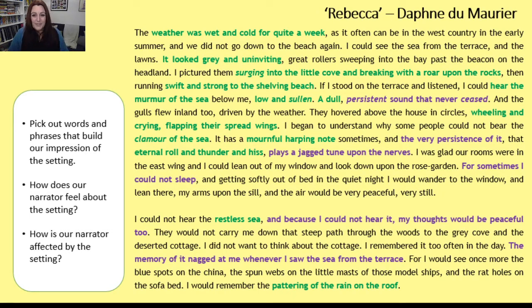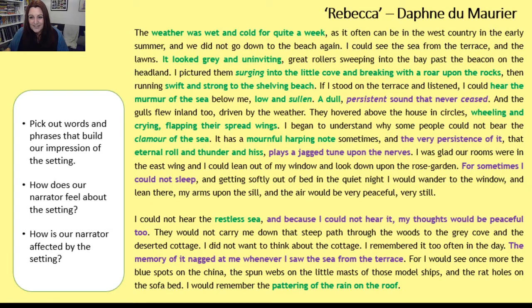So perhaps it's more than just getting on her nerves. Maybe it's actually doing her damage. It's hurting her, this jagged tune upon the nerves. This is something quite serious for the narrator. So I think we can infer there that the narrator is not a fan of the sound of the sea.